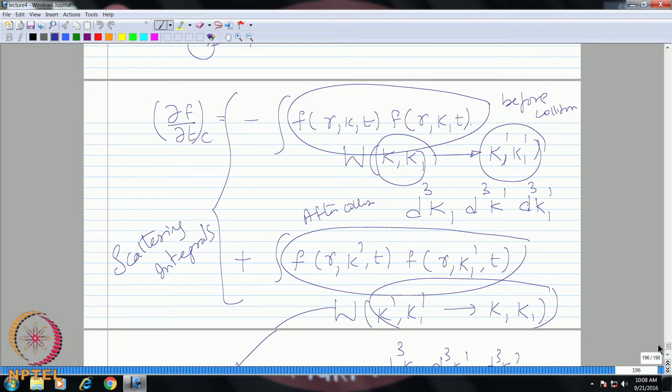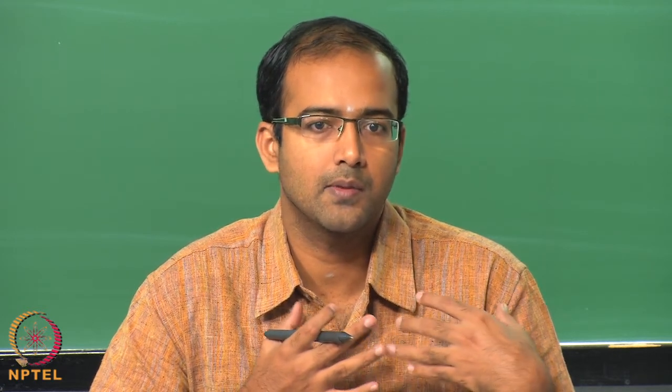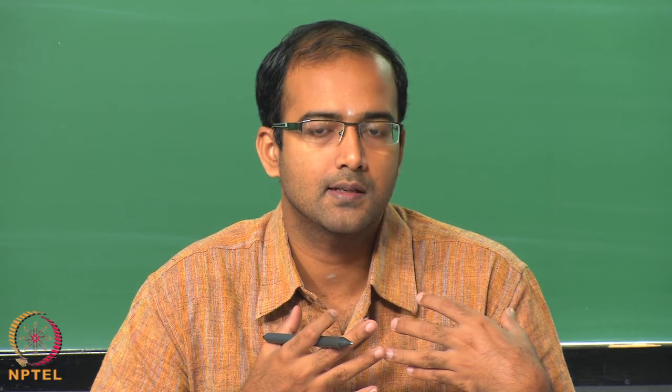So, we want to integrate this over the other wave vector values for k 1, k prime and k 1 prime, and therefore we are calculating the net change in the wave vector due to scattering from its present state to another state, for example from k to k prime, and the other one is the inscattering, which comes from scattering from another state, probably k prime, and if it scatters, the wave vector comes back to the state k.